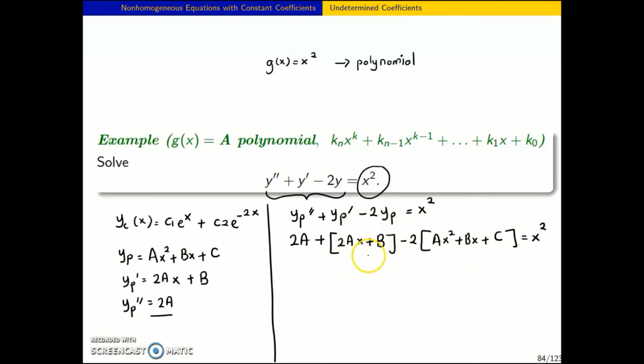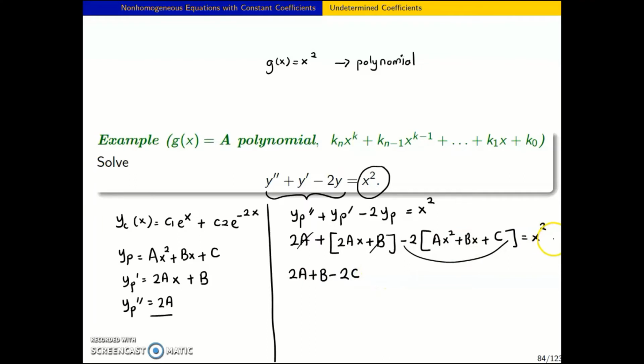So I have to equate the constant side and the variable x side. Simplifying, I have the constants 2a plus b minus 2c.